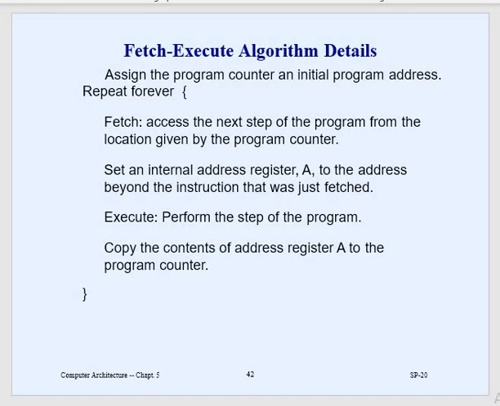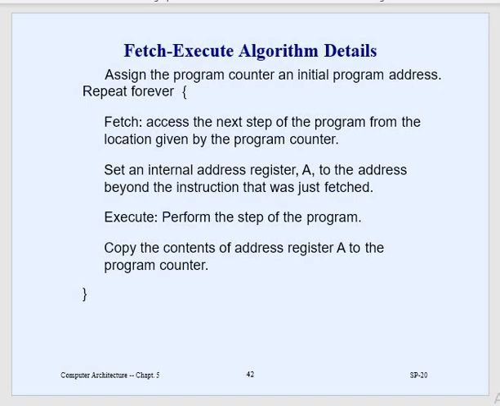This address register is used to copy addresses, and it is useful when we use jump instructions, conditional jumping or unconditional jumping. So the address register is a very valuable and mandatory register in any computer execution.